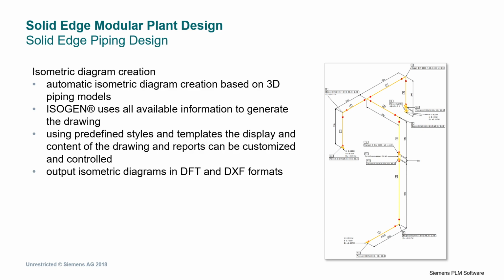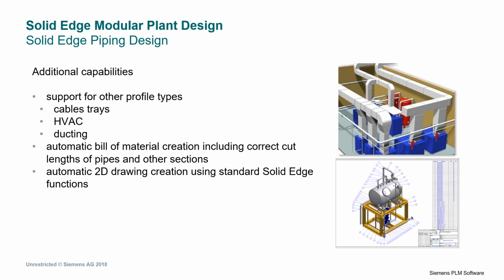And it's based, as I mentioned, on the IsoGen standard, and it uses IsoGen to produce and generate the isometric drawings. Just some additional capabilities and applications is that it supports profiles for cable trays, like we can see in the diagram here, and HVAC and ducting, which is very nice. And it creates a BOM automatically, as I mentioned.